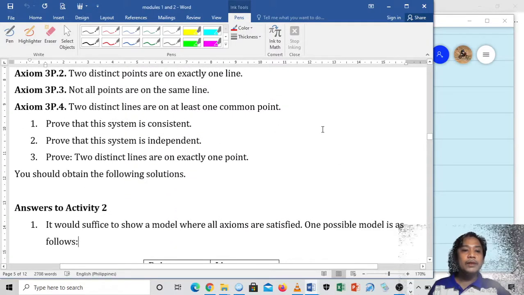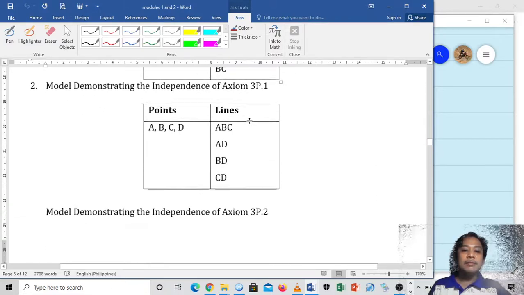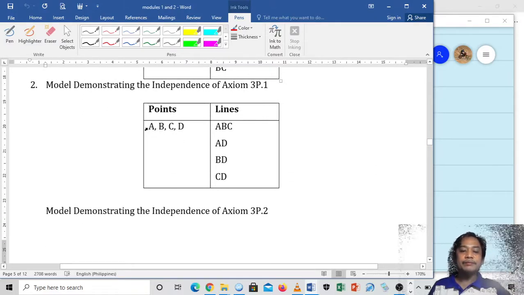Second axiom, which states that 2 distinct points are on exactly one line, meaning each pair should be in exactly one line.